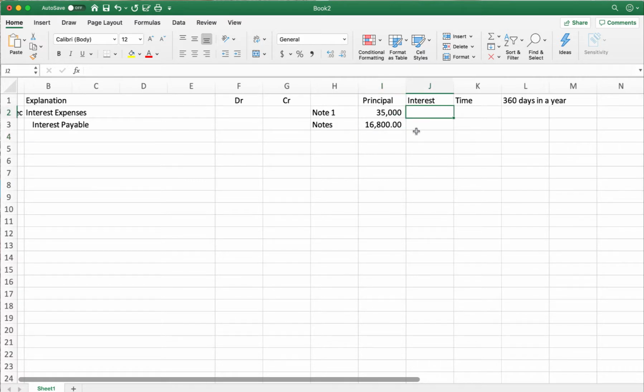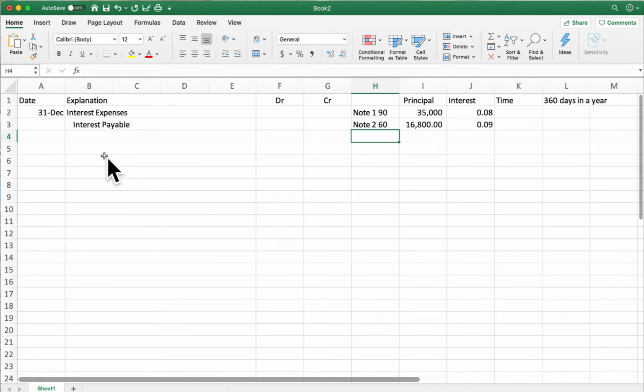The interest rate for note 1 is 0.08, and 0.09 is the interest rate for note 2, right? And they tell us that note 1 is a 90-day note, and note 2 they tell us is a 60-day note. Okay? So what we need to do is book the interest, right?